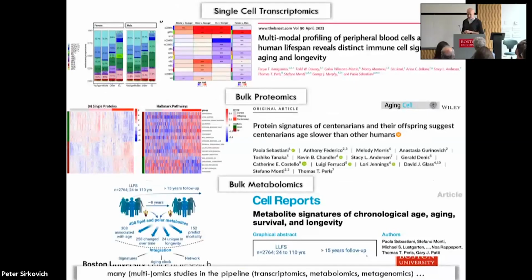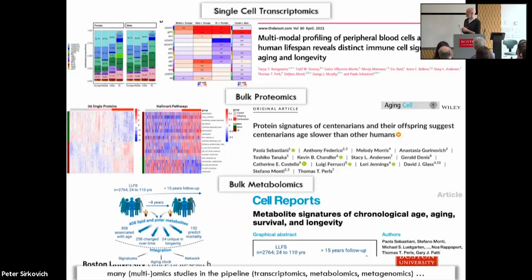And here are some examples, and these are all studies that include pretty much everybody who spoke before me. For example, we performed single-cell transcriptomic studies in centenarians, which pointed to a better immune system in centenarians compared to non-centenarians. Another study of bulk proteomics of a cohort from the New England Centenarian Study showed that the centenarians had a slower aging rate.